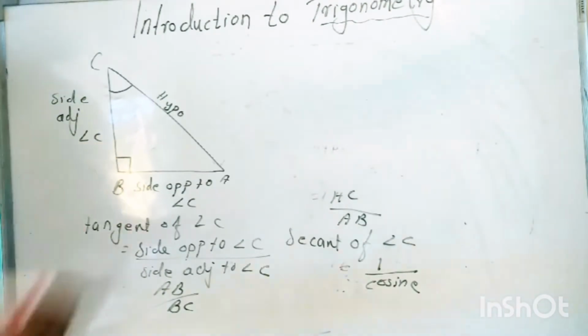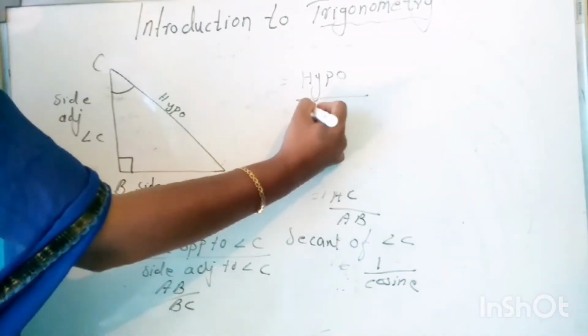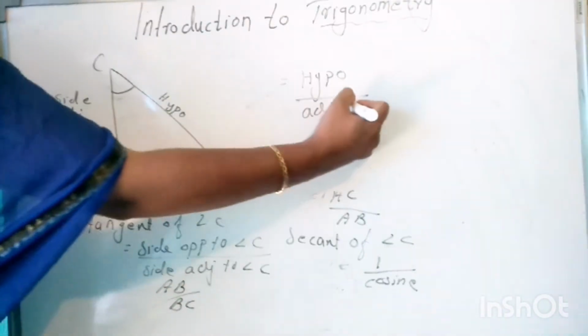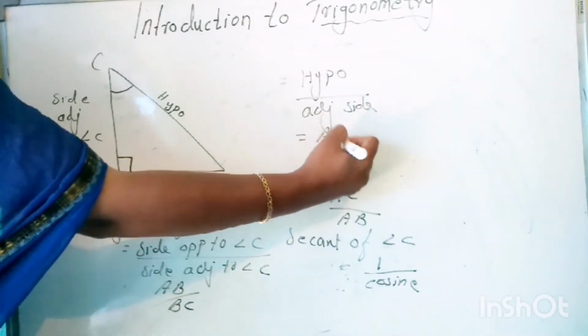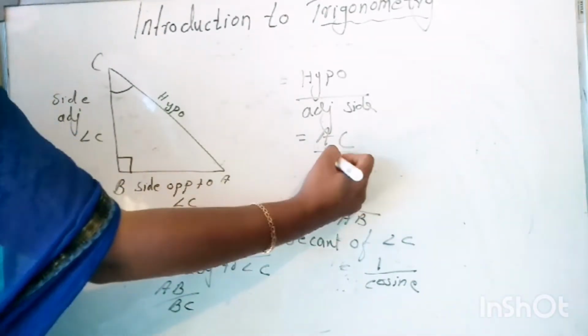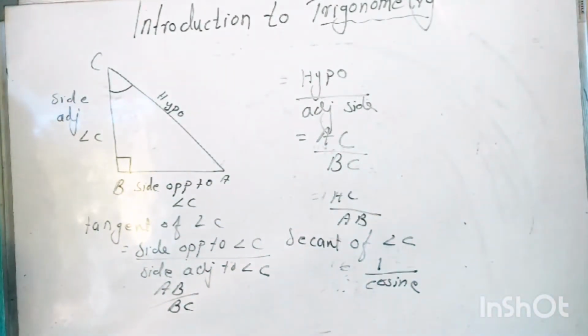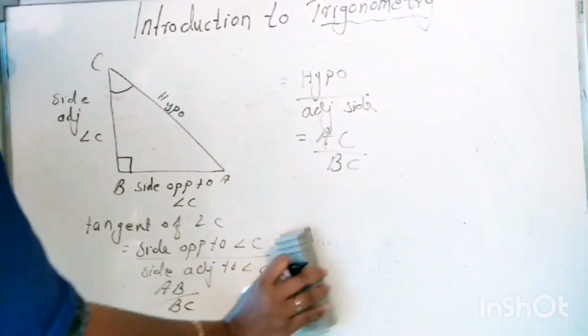Then the reciprocal of that is hypotenuse divided by adjacent side. Hypotenuse is AC and the adjacent side is BC. AC divided by BC.